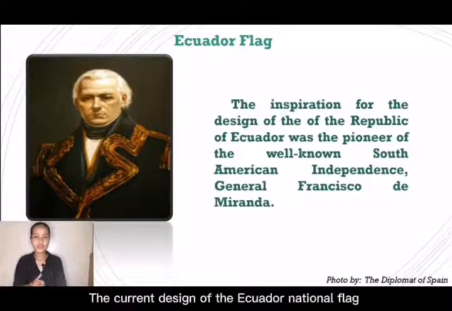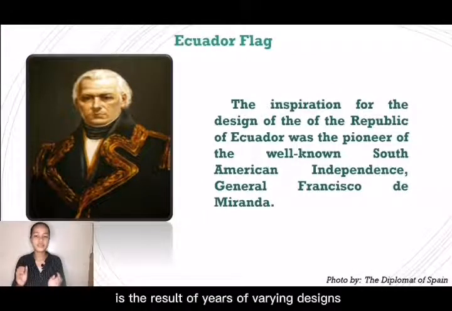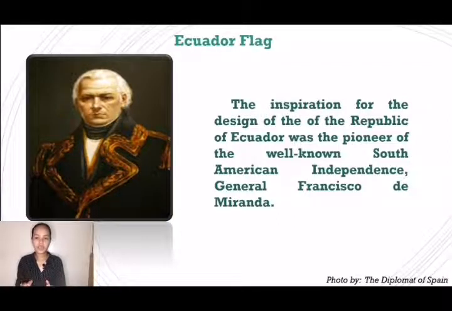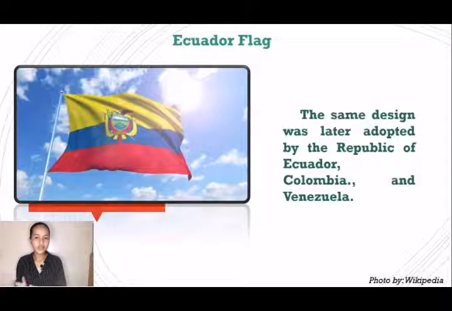The current design of the Ecuador national flag is the result of years of varying designs. The inspiration for the design of the flag of the Republic of Ecuador was the pioneer of the well-known South American independence, General Francisco de Miranda. The same design was later adopted by the republics of Ecuador, Colombia, and Venezuela.